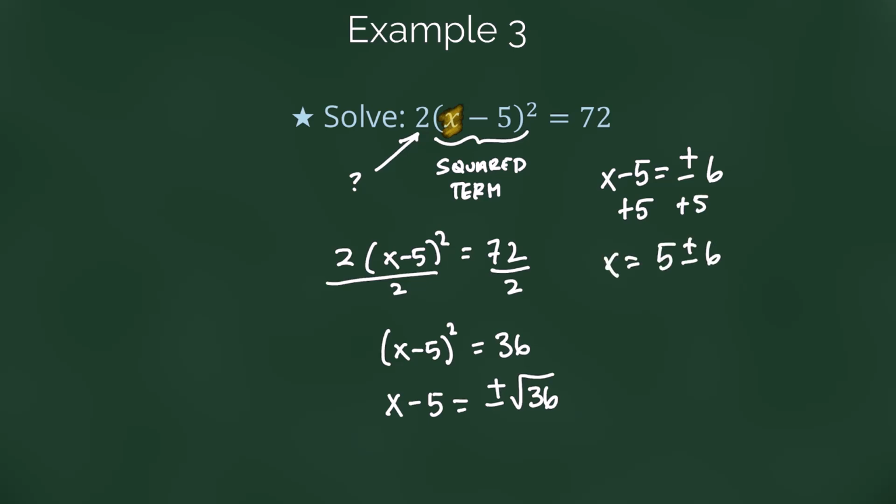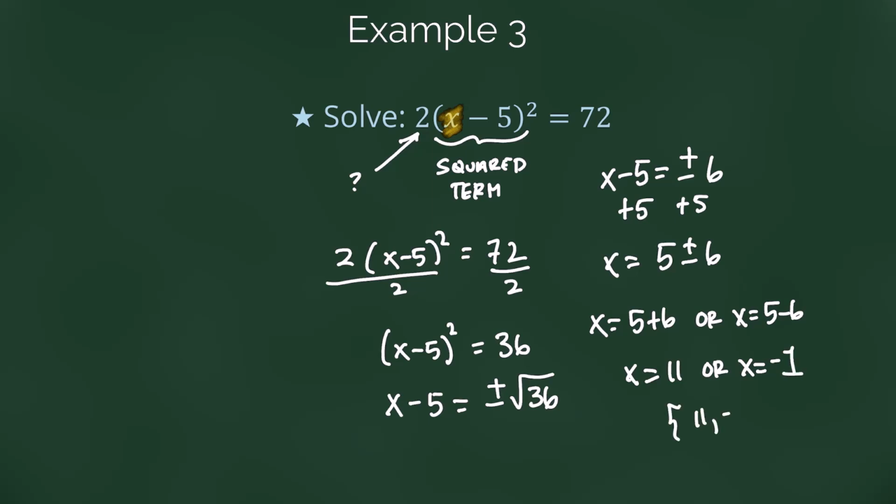Now, those are like terms, so there is absolutely no reason to leave the answer like that. This means that x is either 5 plus 6 or x is 5 minus 6, which tells us that x is either 11 or x is negative 1. So our solutions are 11 and negative 1.